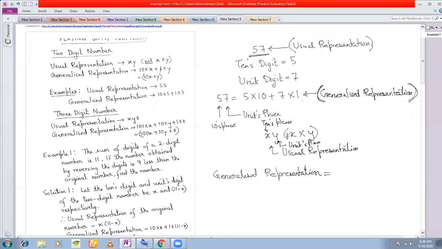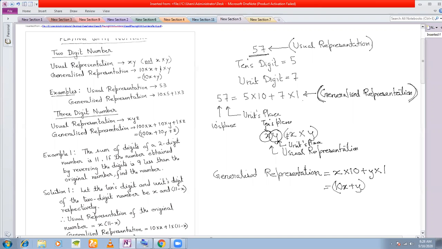The tens place digit is x, so we multiply x with 10, and give a plus sign, and the units place digit is y, so you multiply it with 1. So your generalized representation of this number is 10x plus y.